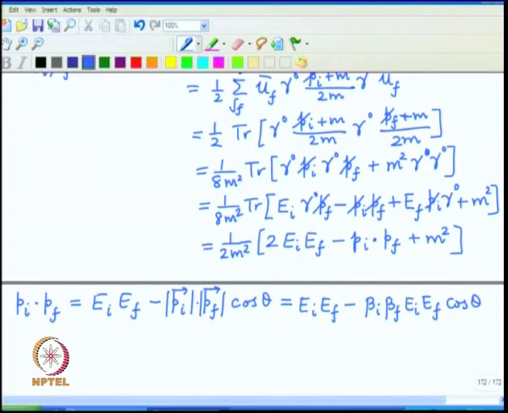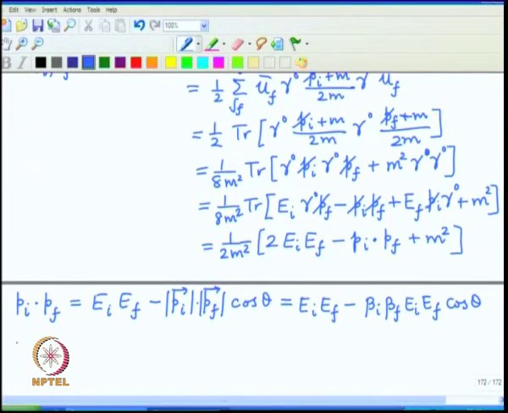So, first of all, the cosine theta part can still be written in terms of sine square theta by 2, and the various terms of E_I and E_f can be cancelled. So, let me work that out too.